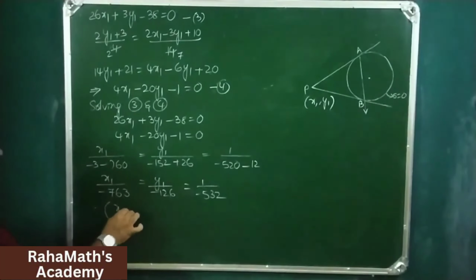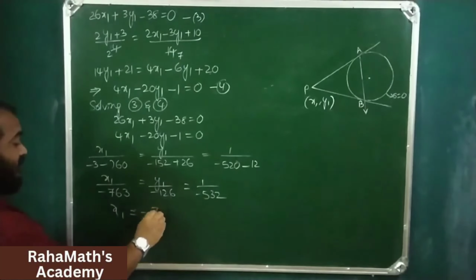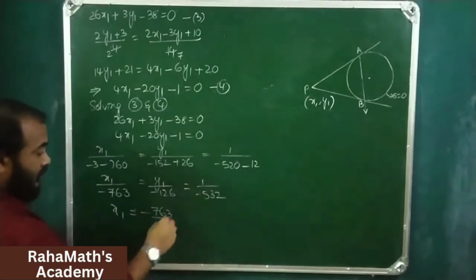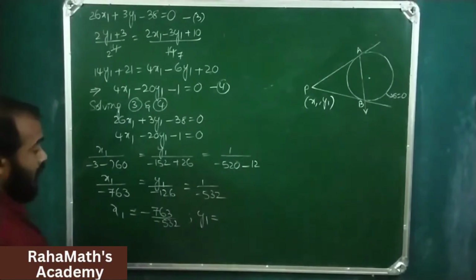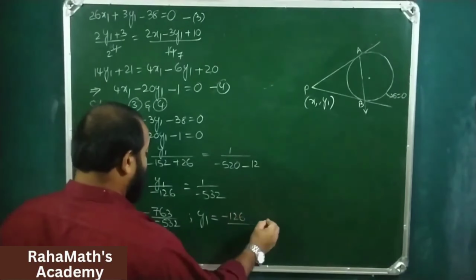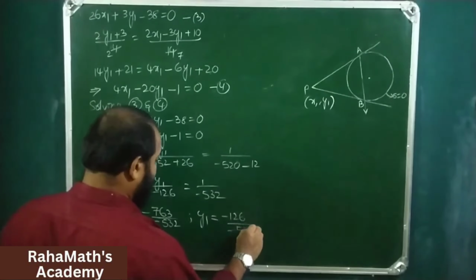Therefore x1 is equal to minus 763 by minus 532, y1 is equal to minus 126 by minus 532.